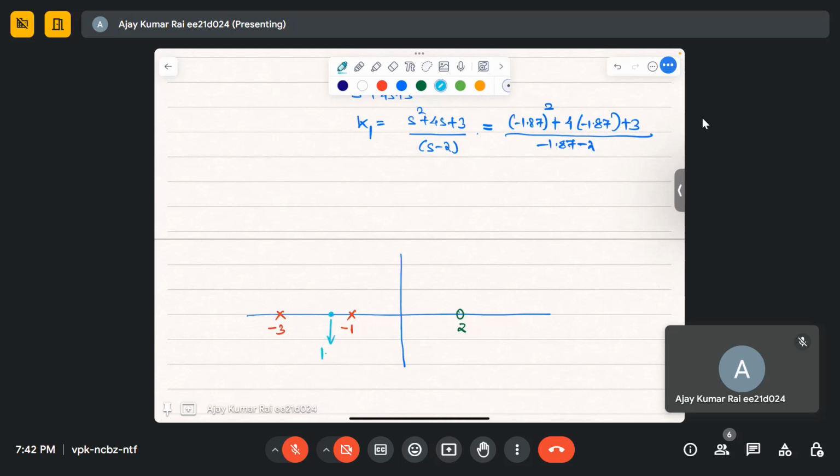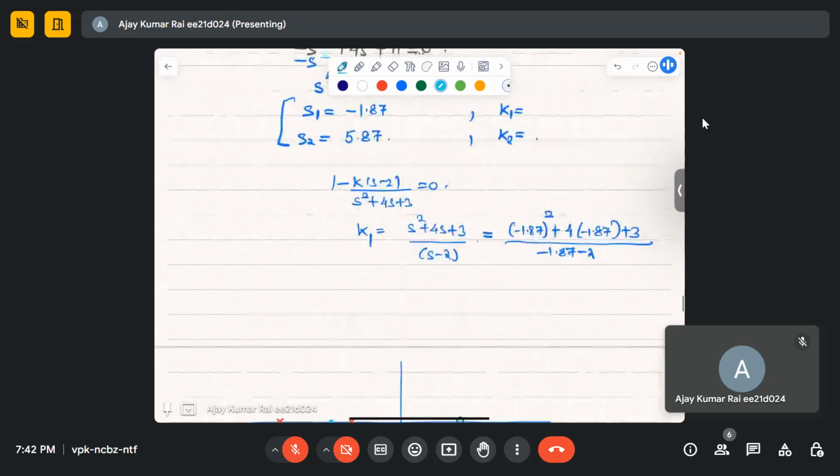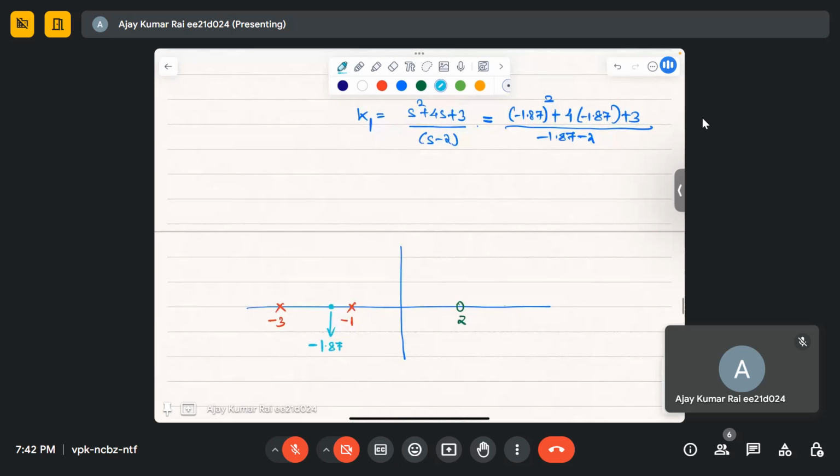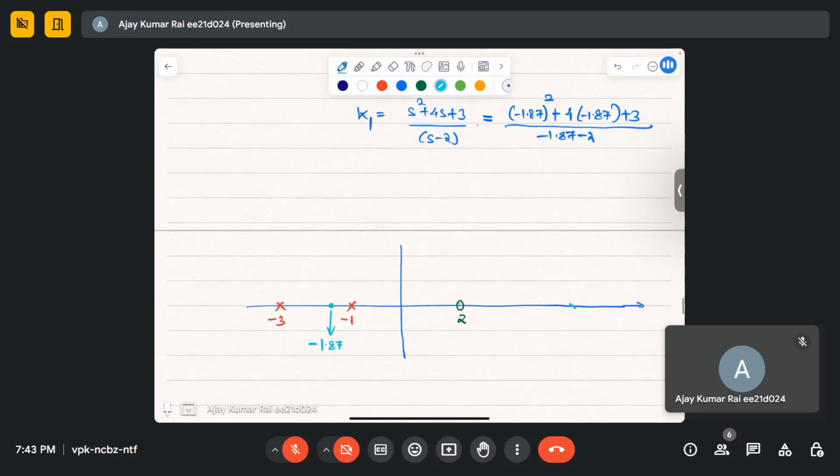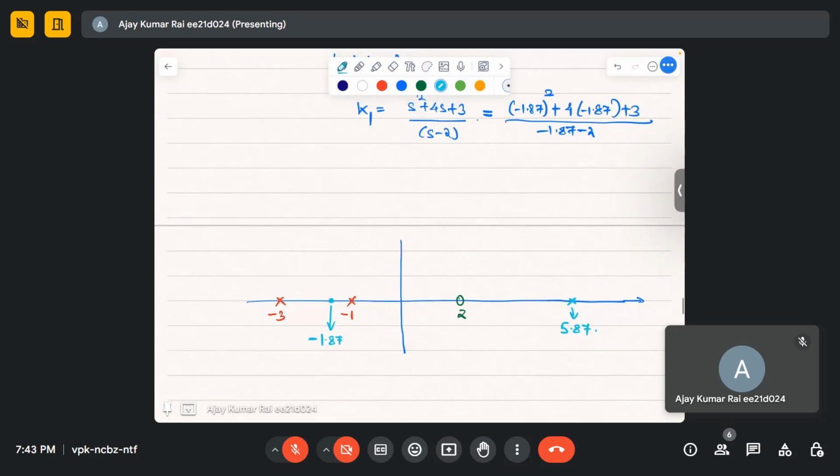So this is -1.87, and the other point is lying here at 5.87. Okay, this point is 5.87. So what can you comment, which will be the breakaway point and which is the break-in point?